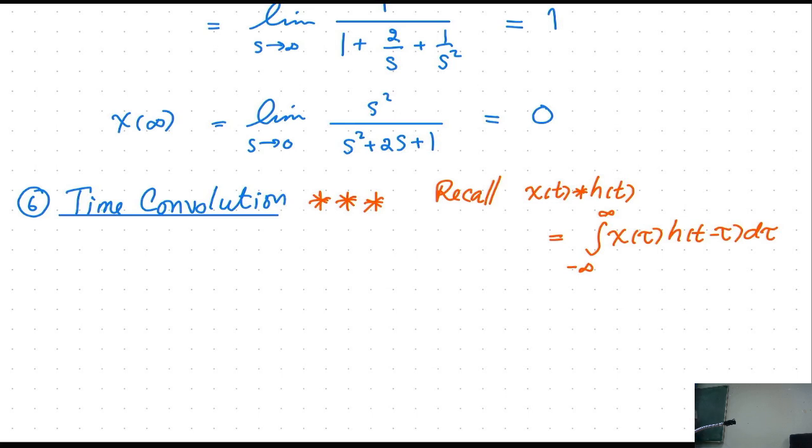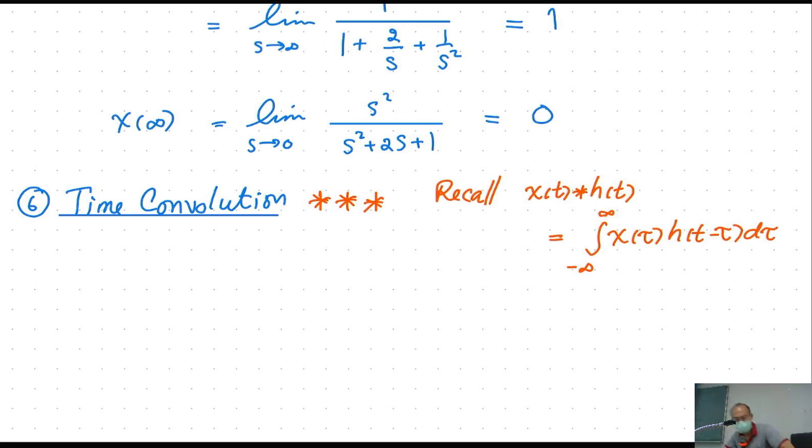So when we did convolution in chapter 2, I was actually fooling you into doing it. Actually, you should be able to do it. But there is another method which is a lot easier than doing the convolution integral, which is in the s domain.